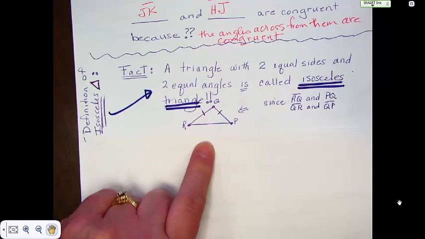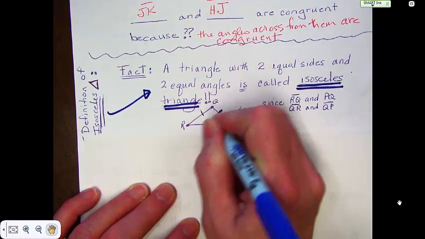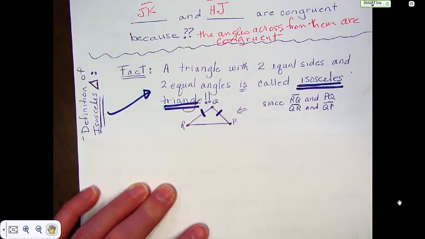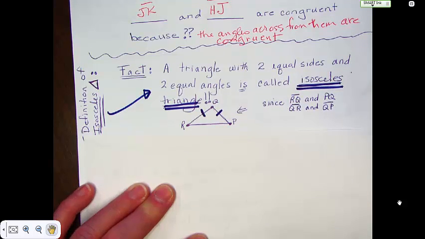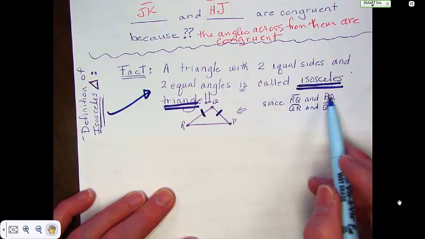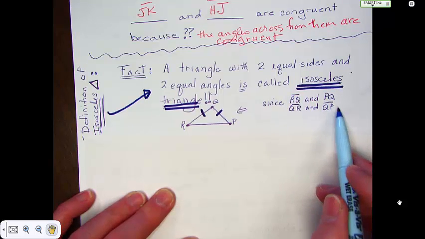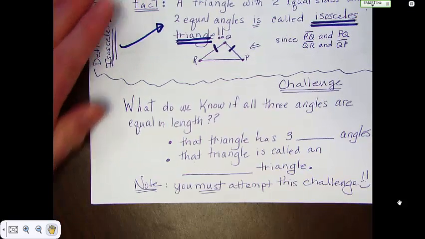This is also isosceles, and the only reason I know it's isosceles is because I have these congruency marks. I don't even have to know the angles. As long as I have congruency marks, I know that it is equal. And I show you that RQ and PQ, or QR and QP, are equal. They're congruent.